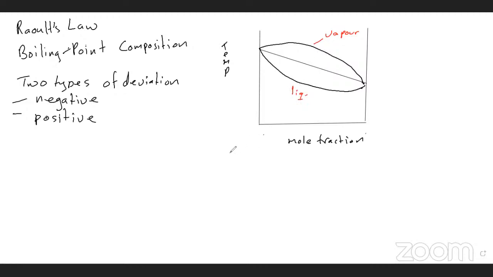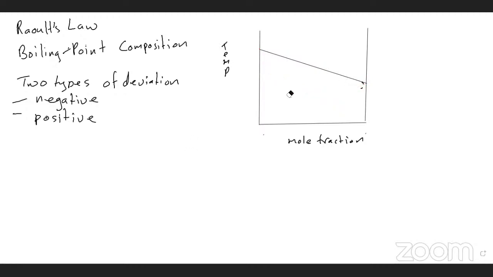Before we get to this, to explain the fractional distillation, a straight line is the ideal mixture. If you're asked to show negative deviation, it goes above the line. Sorry, this is boiling point. So negative deviation, the boiling point will be higher.